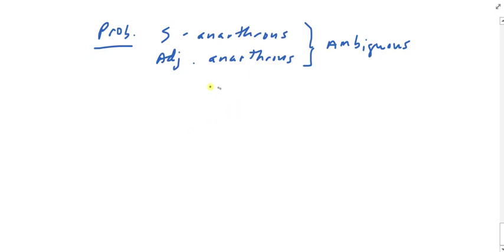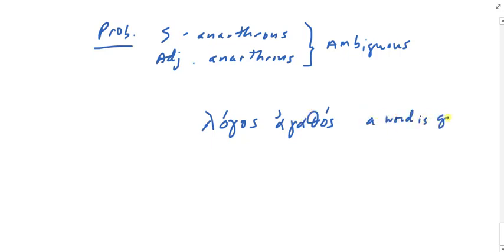So let's take a look at a couple of examples. I could have logos agathos. Logos agathos. Okay, there we go. How might I translate that? Well, that's just literally a word and then good, right? So this could be a word is good, or it could be a good word.